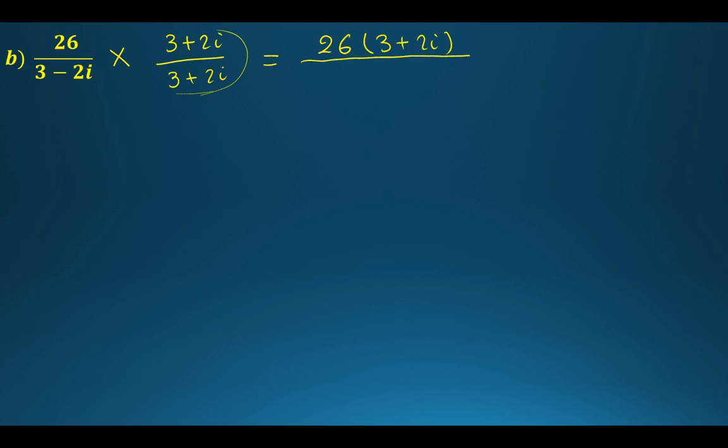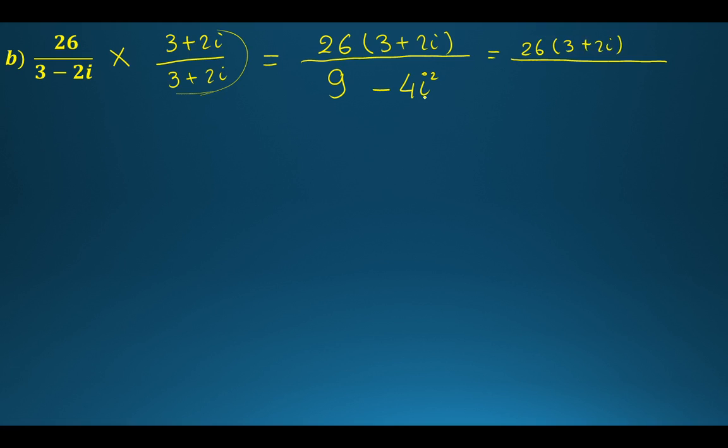These terms are a difference of two squares. So when we multiply first by first, 3 times 3 equals 9. Negative 2i multiplied by positive 2i equals negative 4i squared. Here i squared equals negative 1.